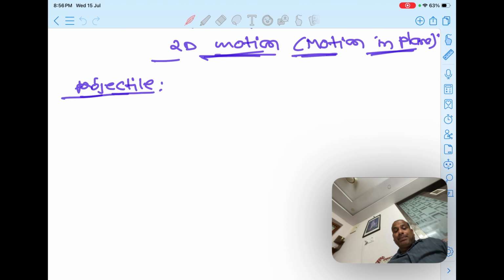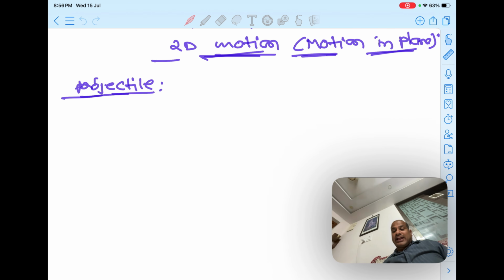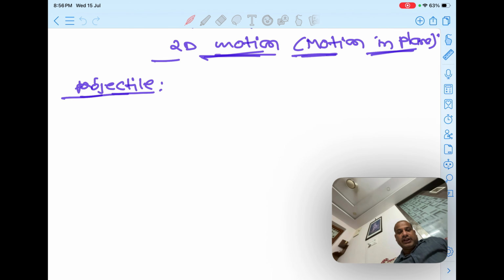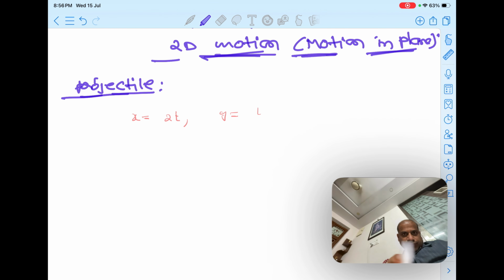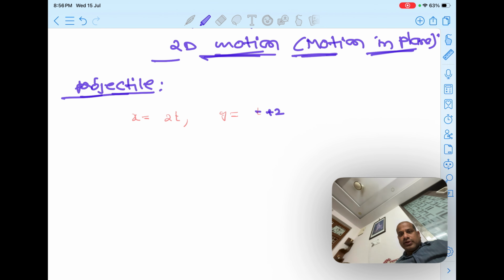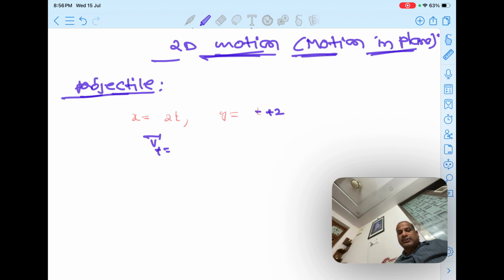That means if the object is moving in a plane, it has both x coordinate as well as y coordinate. So for example, if I say an object has x coordinate, x is equal to t plus 2, and y coordinate some constant, whose coordinates are changing. Find the instantaneous velocity of the particle at, for example, 2 seconds.